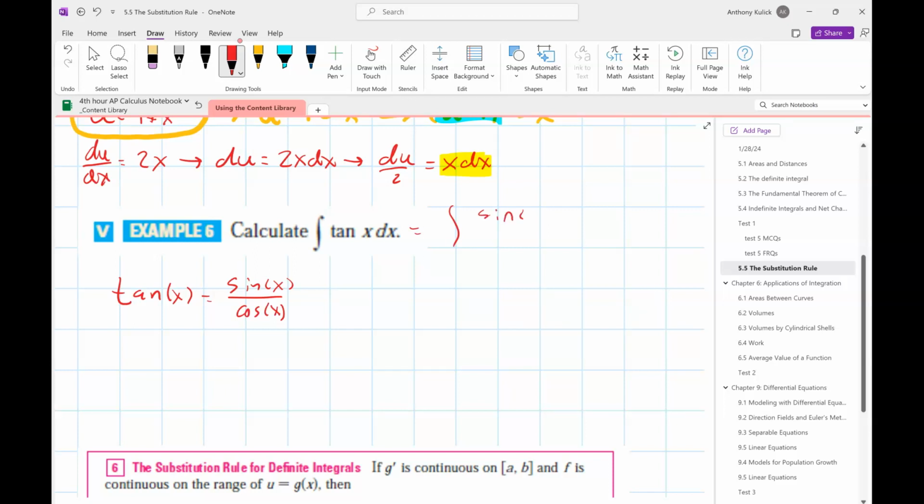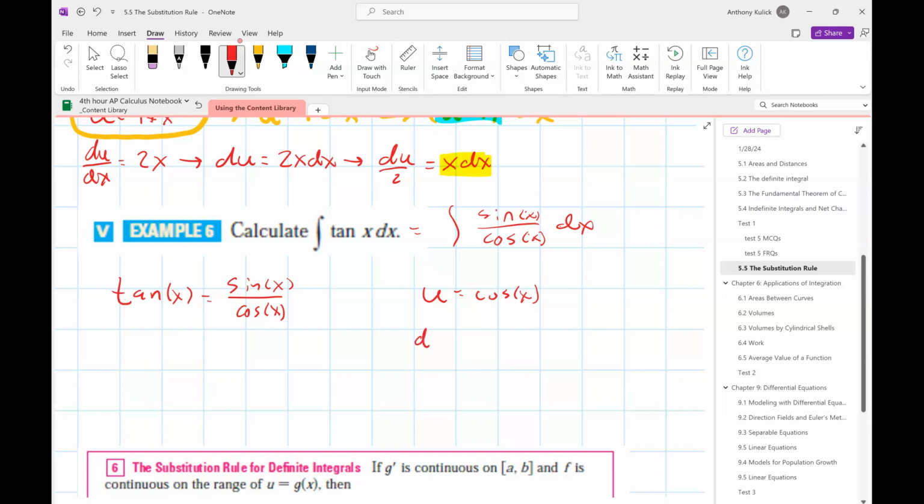So which one do you suppose we want to make u? I would not do 1 over cosine. I would just do cosine. And in general, I'm usually going to pick the denominator. Why?